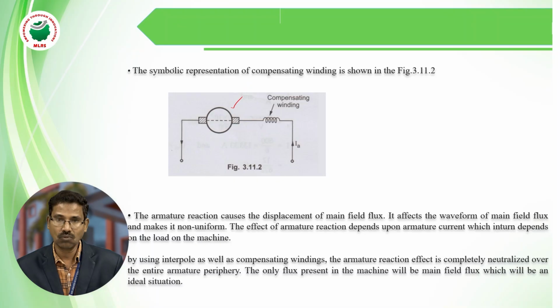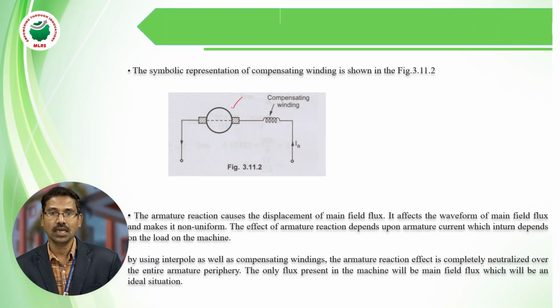The second one is the interpolar winding. These interpolar windings are placed between the two main poles, which is why these poles are called interpoles. Windings are provided on these poles, and this is called the interpolar winding.